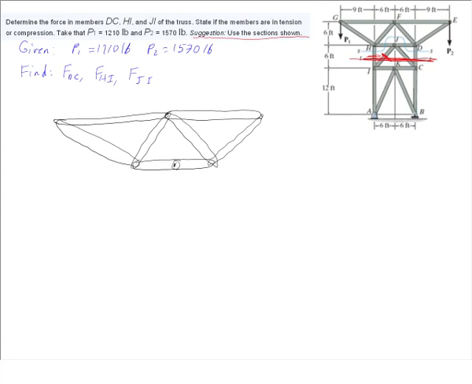I'm going to put my forces on now. I'm going to have my P1, which is 1,210 pounds. I'm going to put my P2, which is 1,570 pounds. And now I'm going to put all of the members we cut through.